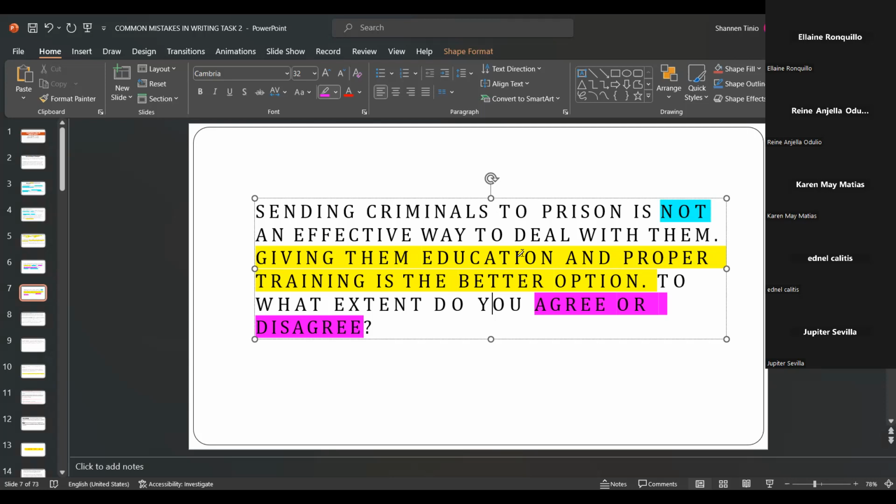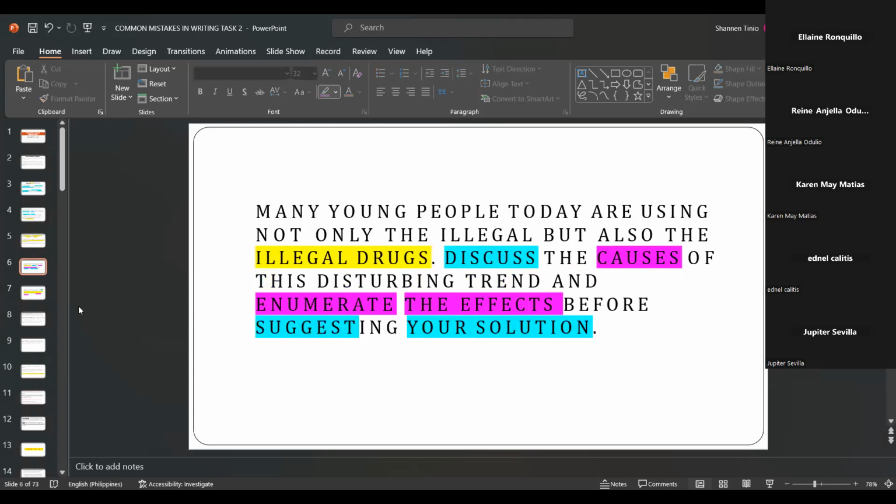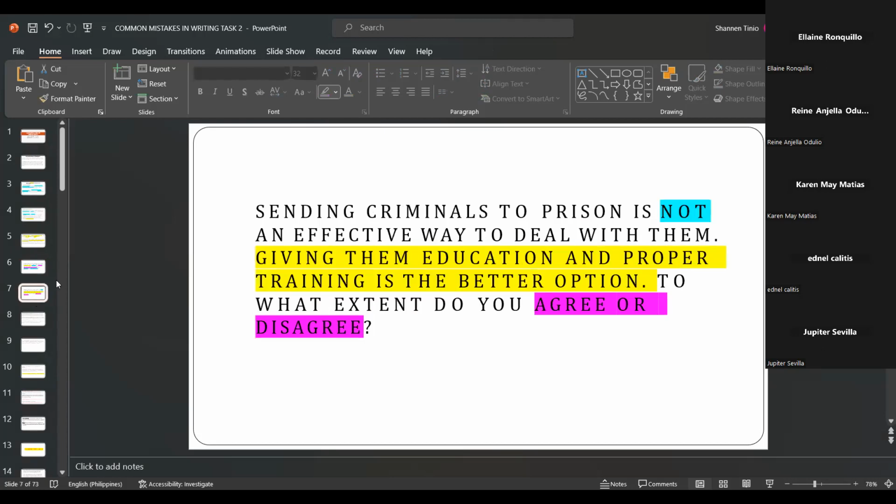However, gusto ko pa rin na makulong sila because they have to be punished for what they've done. Okay? And they will not learn. Hindi sila madadala if they are not imprisoned, I believe. Lalo na sa cases na murder and rape. Hindi kayo magsasuffer. Yung victim lang nag-suffer? Of course not.